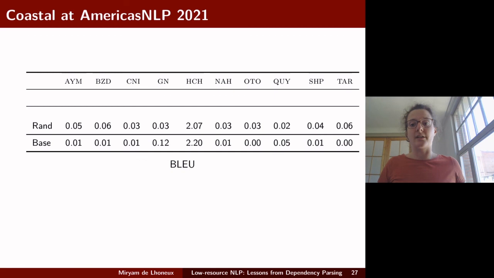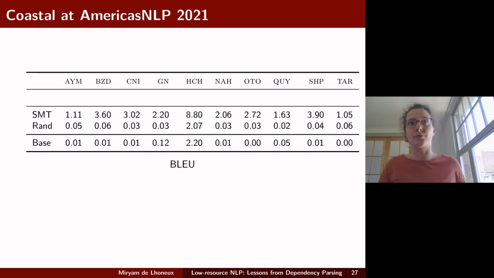So this really shows how difficult this task is, if even a baseline that does not take the source sentence into account does not perform really poorly in comparison to other systems. The SMT baseline did much better than that.